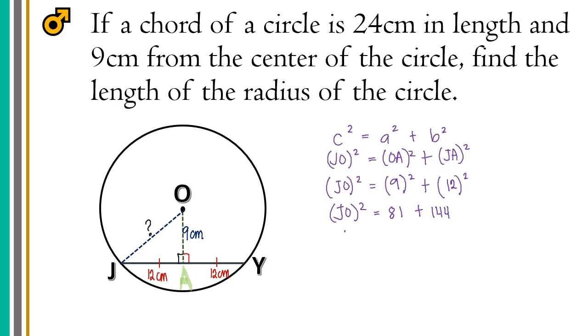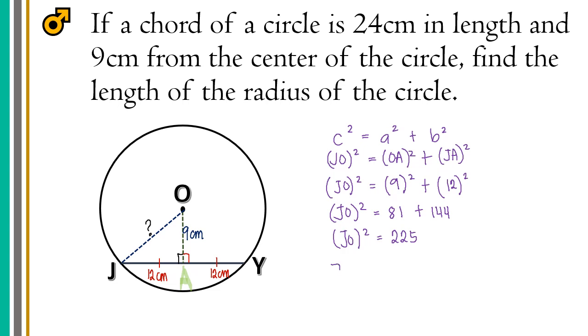Of course, we need to combine like terms. So we have 81 plus 144. What's the sum? It's 225.